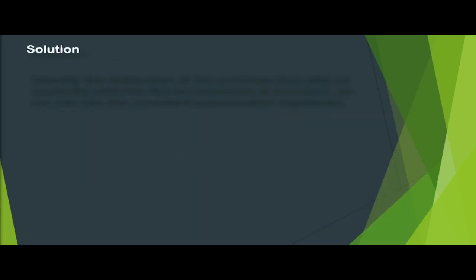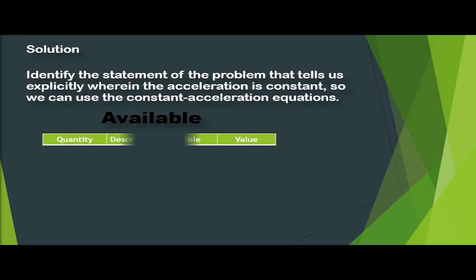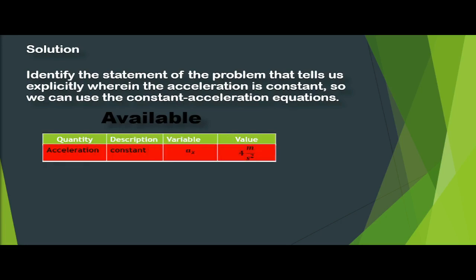Solution. Identify and analyze the problem, and if possible make a visible representation of the problem. Upon reading the problem, it tells us that acceleration is constant, so we can use the constant acceleration equations. These are the available information. The acceleration of the motorcycle is constant, 4 meters per second squared.